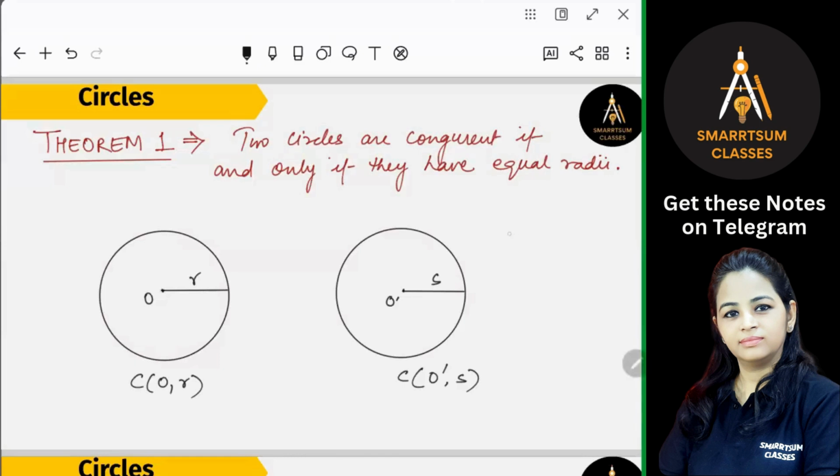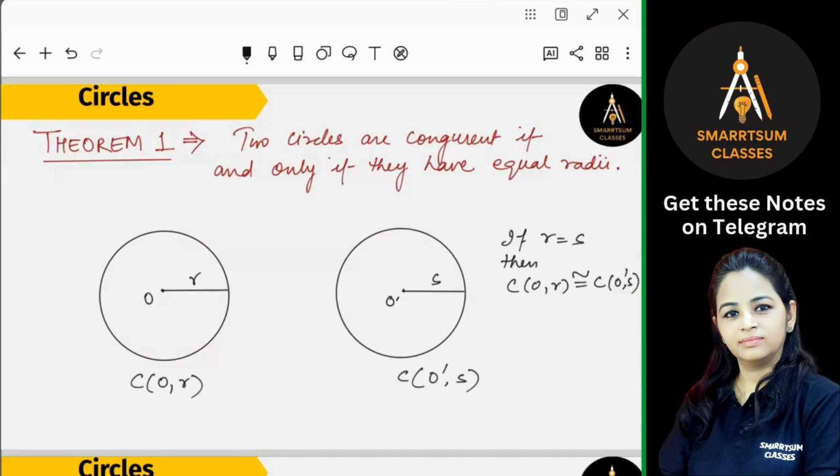That means if R is equal to S, then C(O, R) will be congruent to C(O', S), right? So if the radii are equal, then the two circles will be congruent.